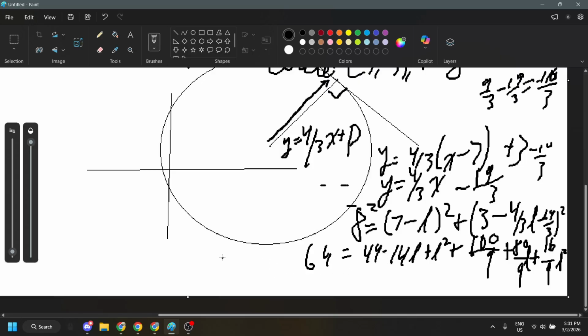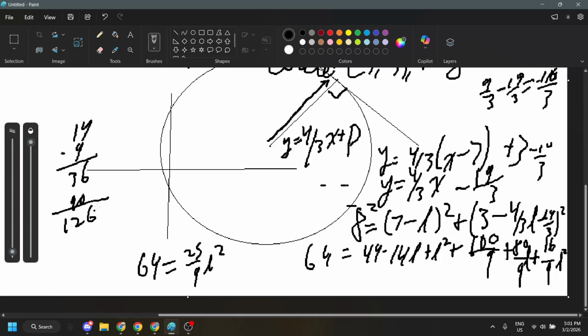Let's simplify this. So 64 is equal to 25 ninths L squared. 80 ninths minus 14 ninths. 14 times 9 is 126. So 80 minus 126 is negative 46.